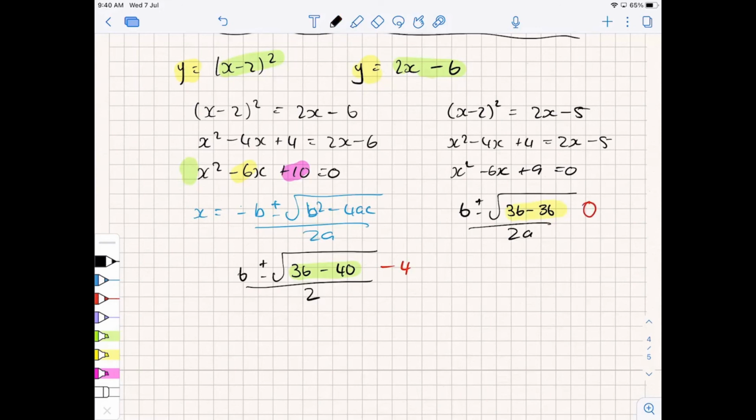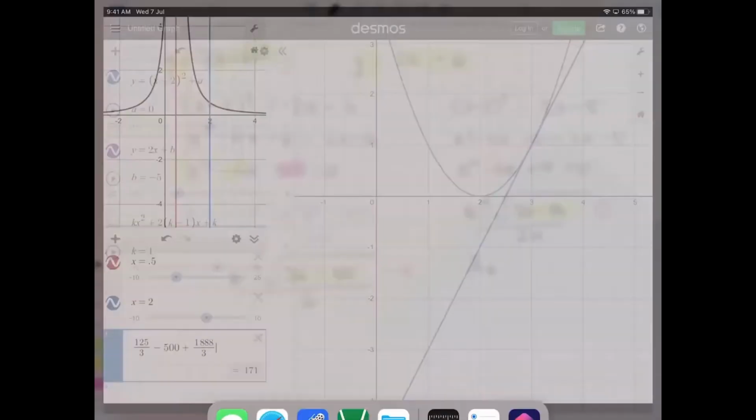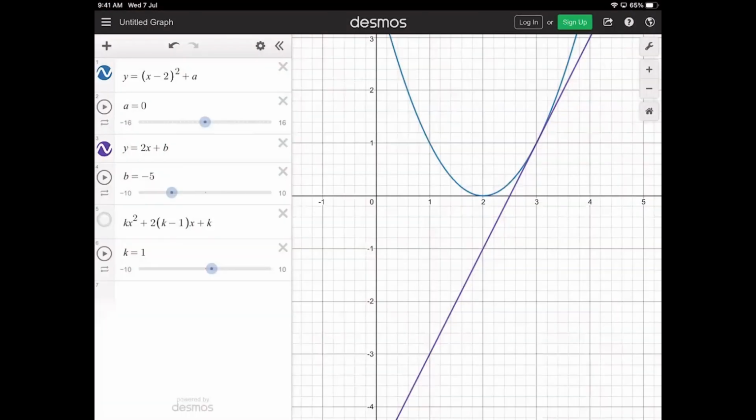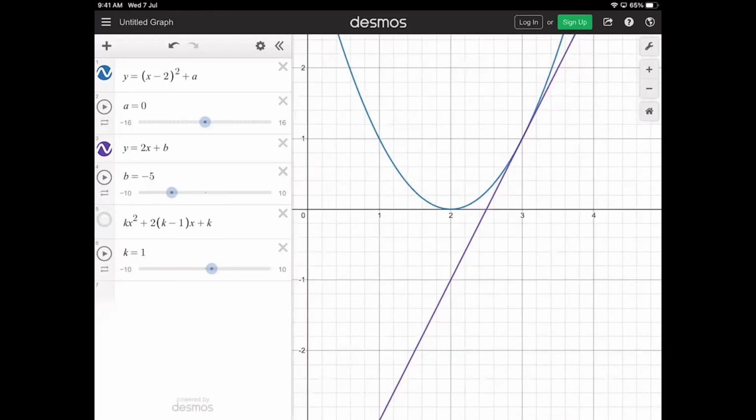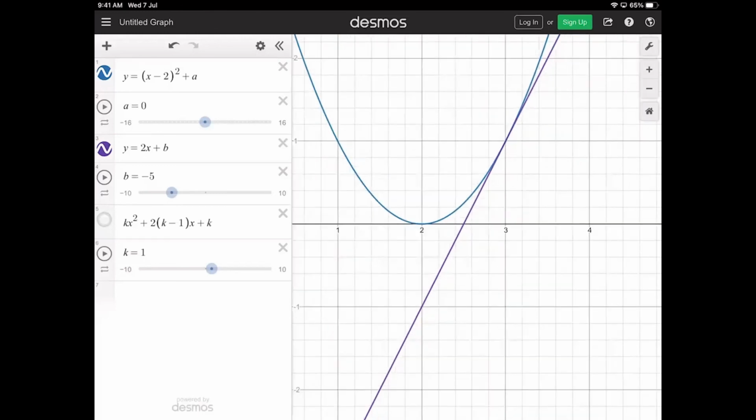And that's where you're going to get plus or minus the square root of 0, which just happens to be the same thing, and we'll get 3 as our solution. So if we go back to our graph, you can see that the point of intersection is clearly at the value where x is equal to 3. Okay?